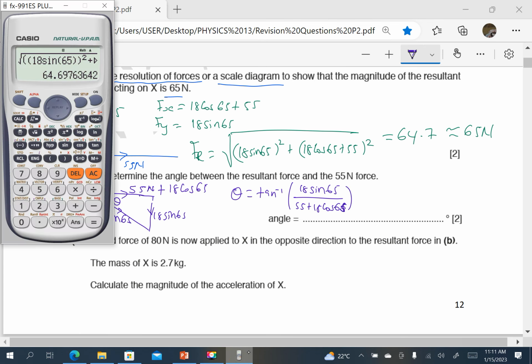So let's see this. Tan inverse of 18 sine 65 divided by 55 plus 18 cos 65, then close the outer bracket.